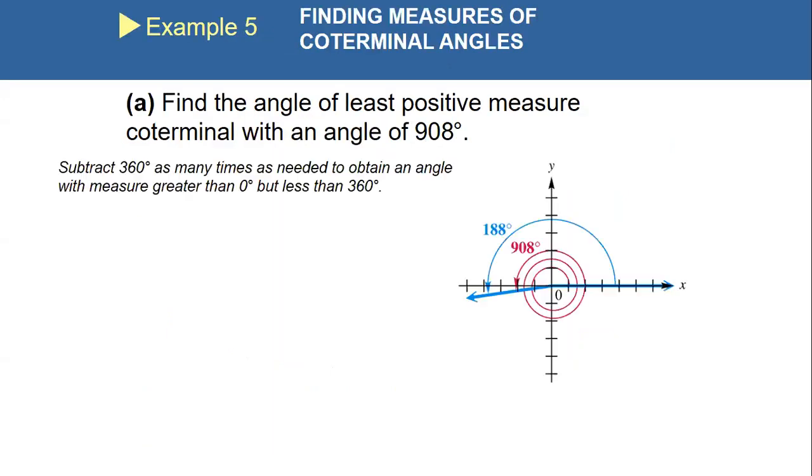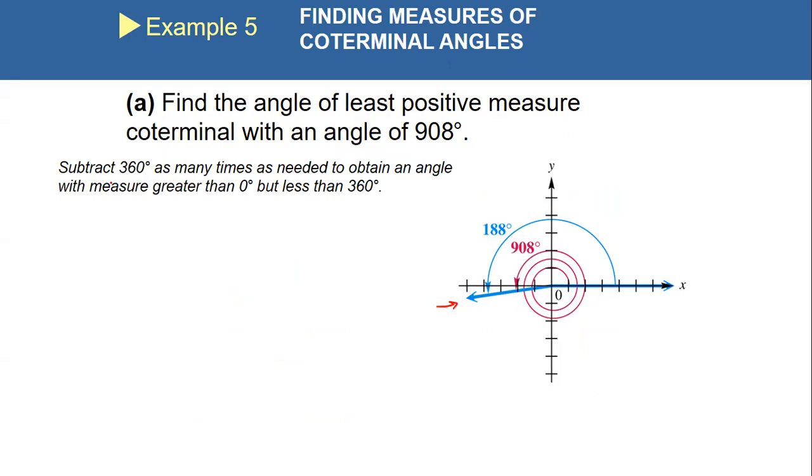Let's say we have this angle of 908 degrees, and we want to find its coterminal angle. That means I'm not moving this side. It's going to stay in place. I just want a number I can still rotate to, but less than 360, and still end up here.